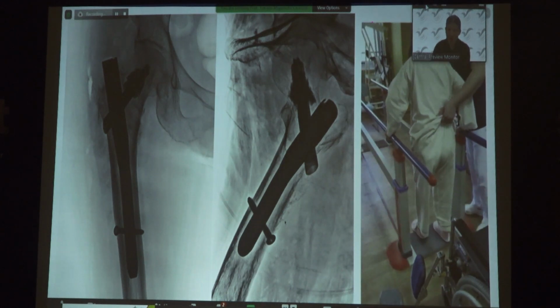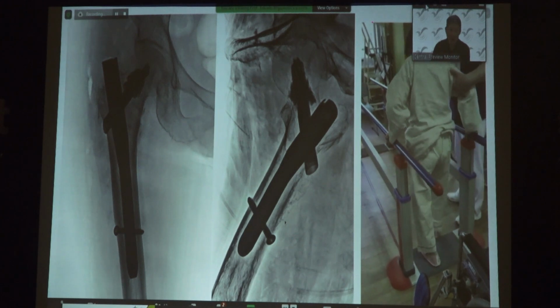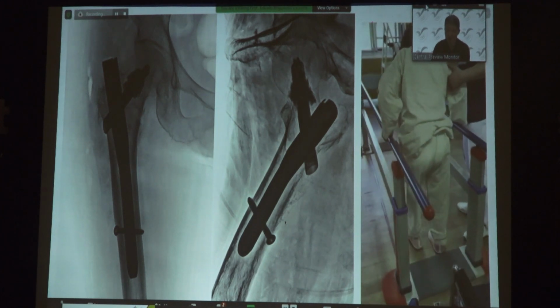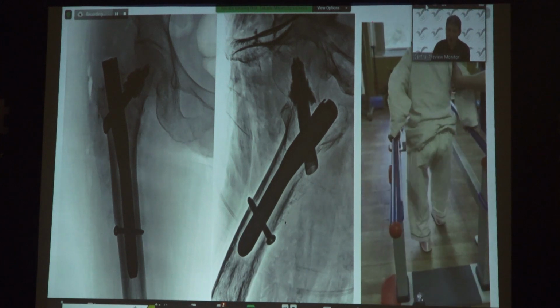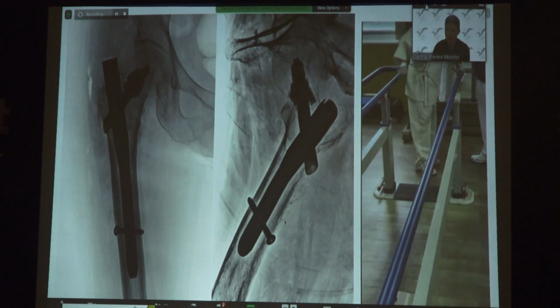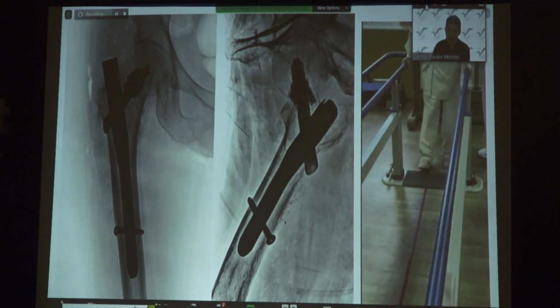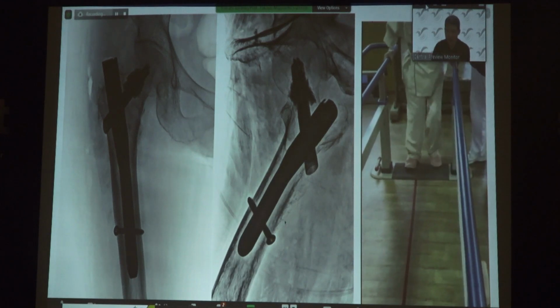This is post-op day 2. She's trying to walk on her right foot. Now she's trying to bear as much weight as possible. This is post-op day 5. She's getting more comfortable without complaining of much pain, just taking painkillers.